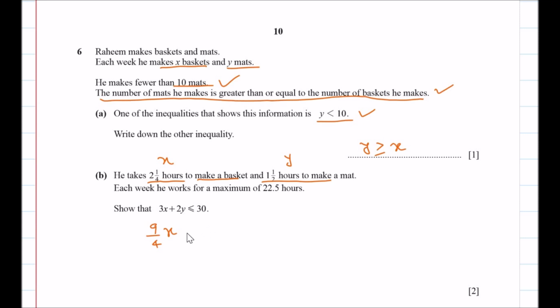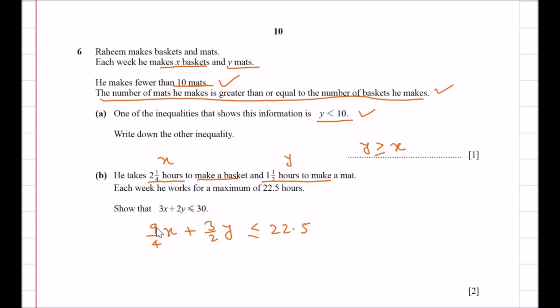Similarly for y mats it will be 2 ones are 2 plus 1, 3 by 2. So plus 3 by 2y, and it says maximum of 22.5 hours. If you add all these two times, that should be less than or equal to 22.5.